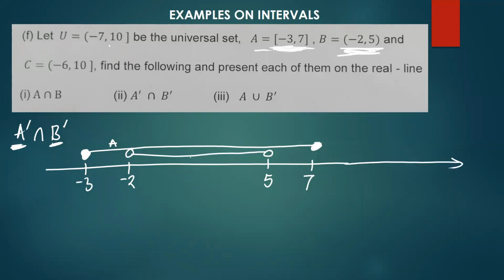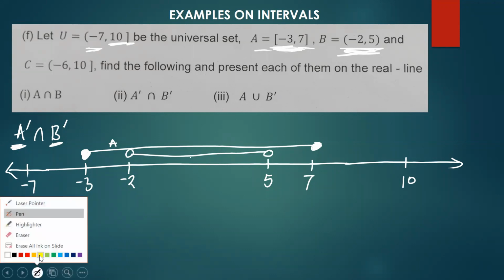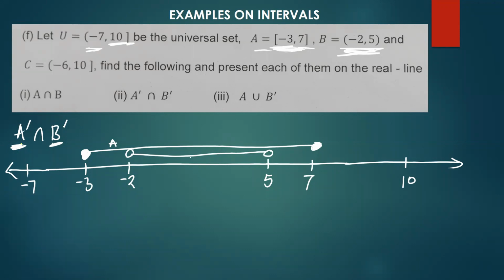The last number on the universal set is what? Is 10. So I'm going to put 10 there. And then the last number on the left there in the universal set is what? Is -7. So I'll put -7 there. So to find the intersection, the complement.